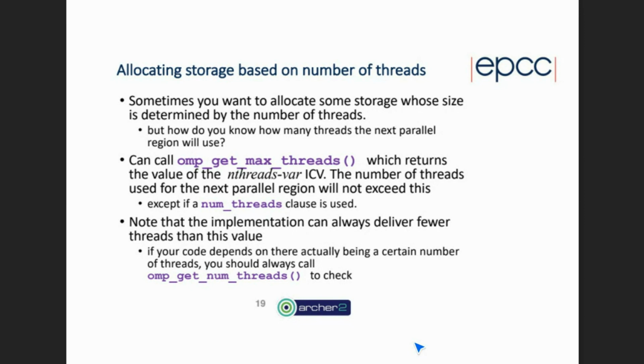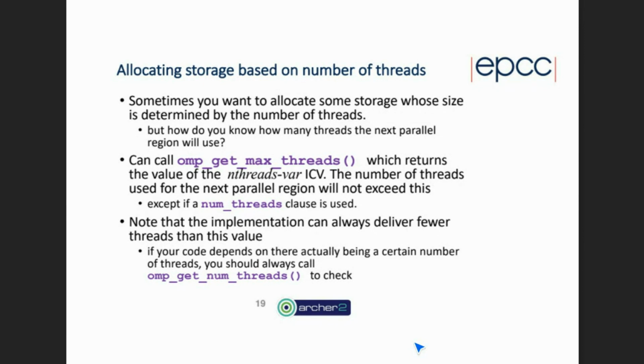But how do you know how many threads the next parallel region is going to use in a portable way? Because you don't really want to have to read the environment variable, and also the value in the environment variable might have been overwritten with a call to OMP set num threads, for example. So what you can do is call a different function.